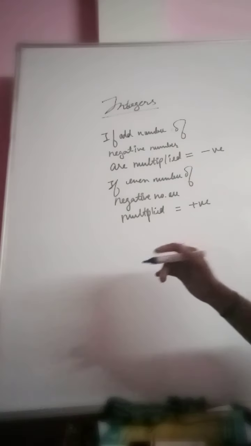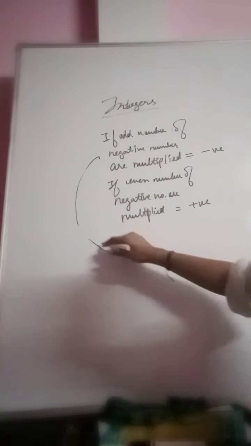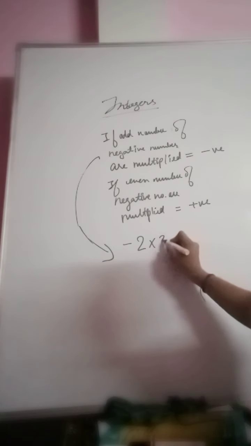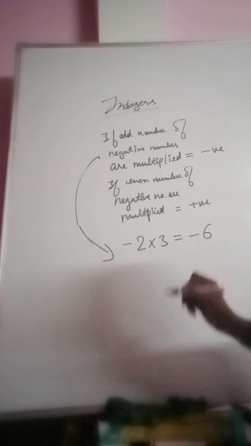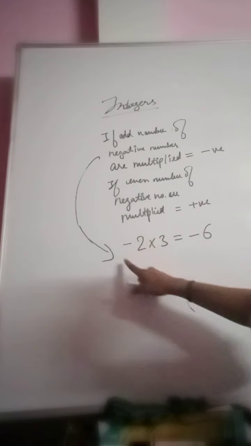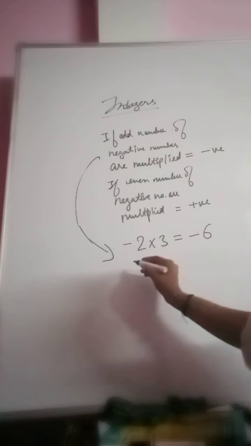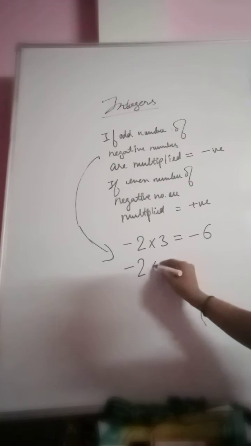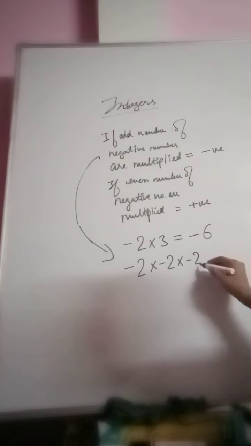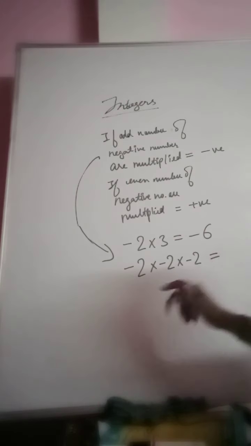So just see here, for this I'm explaining here. Minus 2 into minus 3, that is minus 6. I have already told you. Minus into plus. So here how many negative numbers can you see? Single. Alright, let's do it again. Minus 2 into minus 2 into minus 2. So this will be how much?